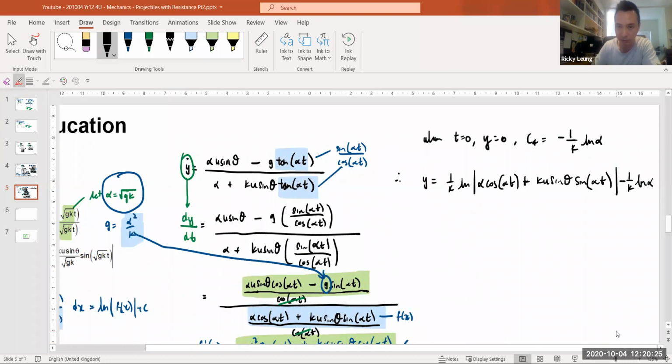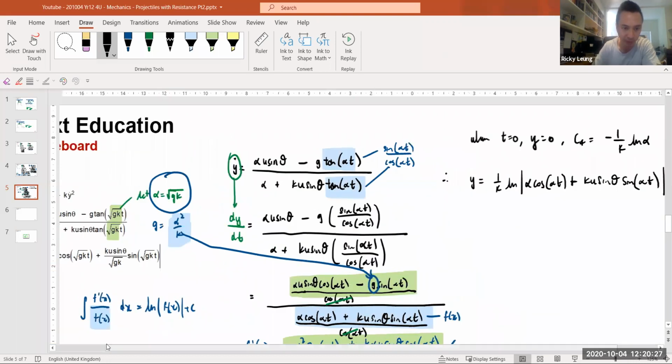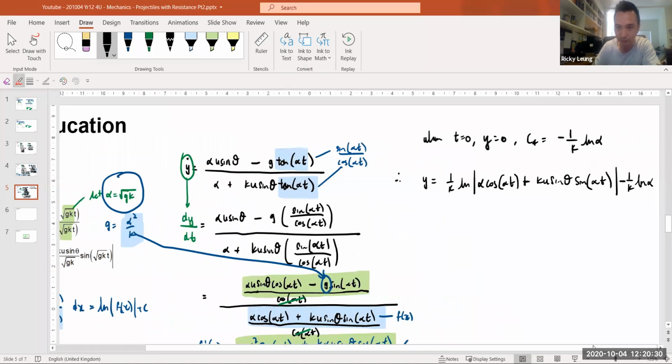Looks like what I'm going to do, combine the, and it's 1 on K positive, perfect. Combine the logs, 1 on K ln. You can see when the alpha divides by this, the alpha goes away. I'm basically going alpha cos alpha t plus, so I'm just going to copy this guy, text for text, all over alpha.